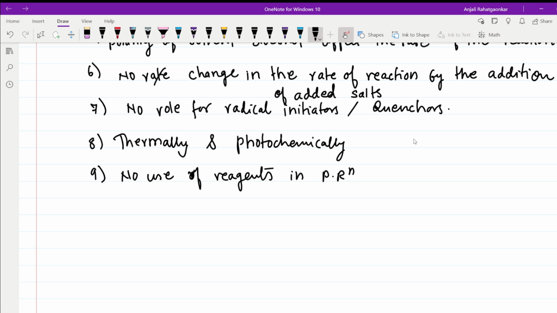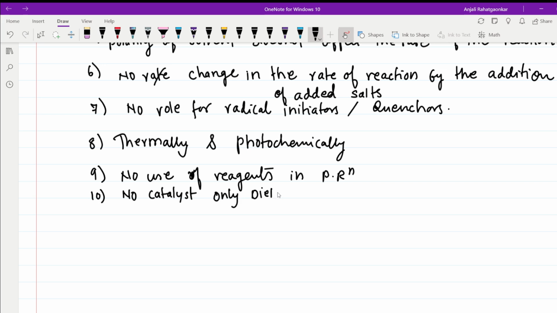Alright. So again, no reagents are required in the pericyclic reaction. Also, one more important thing I forgot to write: no catalyst is required. No catalyst is required. Only in Diels-Alder the reaction is affected.